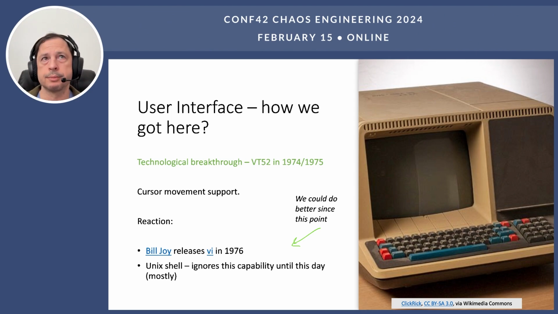With these guys. This guy, VT52, which was released in 74 or maybe 75, unclear, supported cursor movement. That means that you can go with the cursor to any location on the screen and overwrite the text that's there, or clear it, which is a more specific use case.